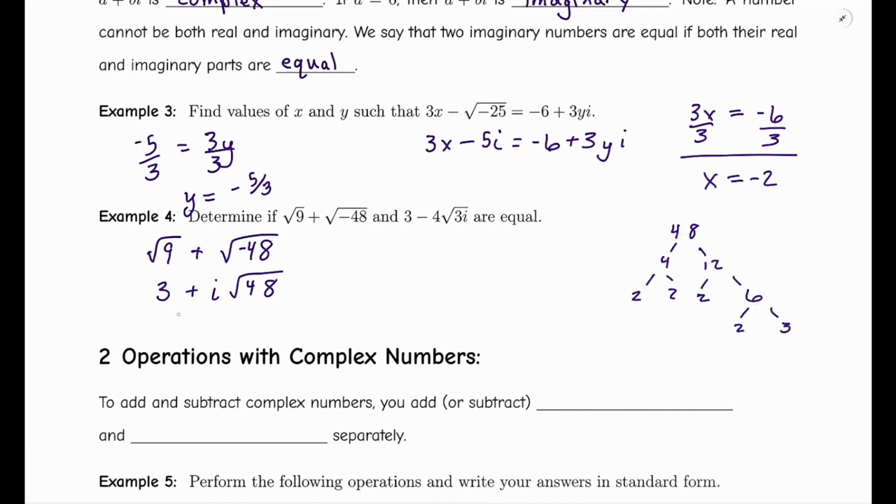And I get 3 plus i square root of 2 squared times 2 squared times 3, which is 3 plus i times 2 square root of 3, which is 3 plus 4i square root of 3. So you can see these are not the same thing. They're not equal. One has a plus and one has a minus.